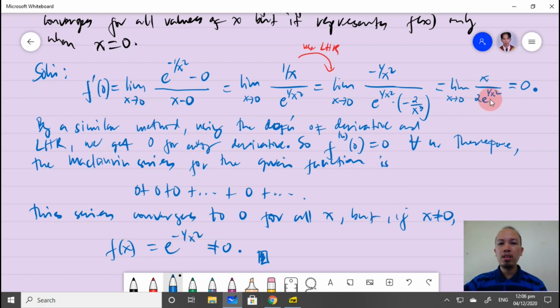Here the limit, I know that you are very familiar with this one, is 0. Just get the left hand and the right hand limit.